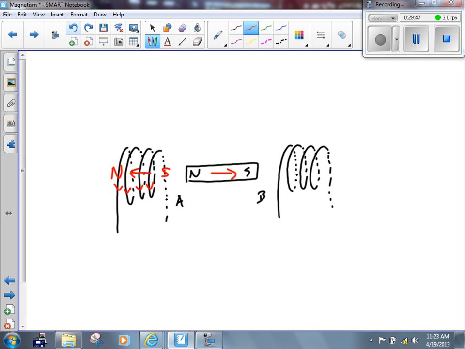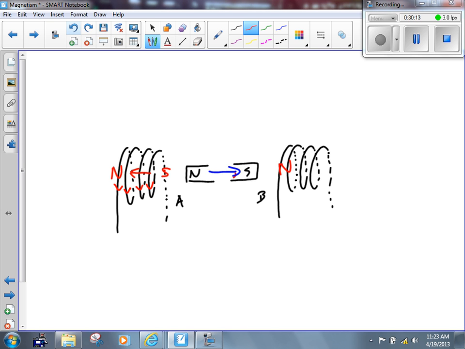Now, what's going to be on this side? As we push this magnet through to the right, what's the polarity this coil has to have in order to oppose the rightward motion of this magnet? What pole do you have to have ready to oppose the motion? If I have north right here, what's going to happen?